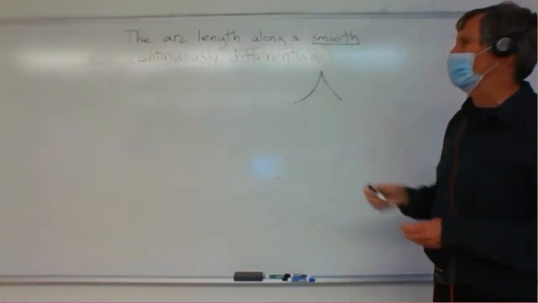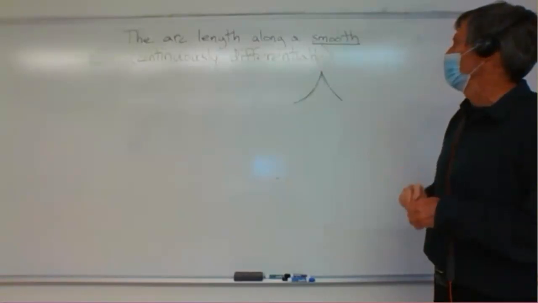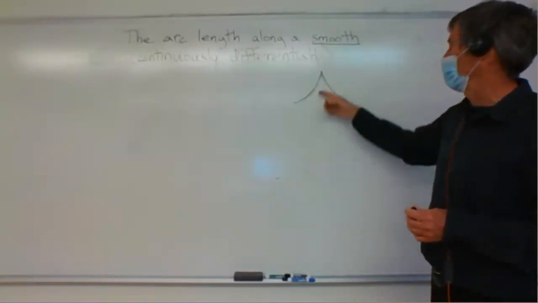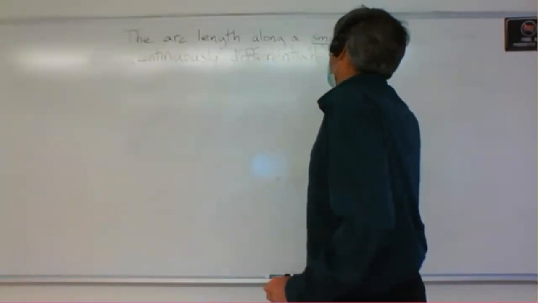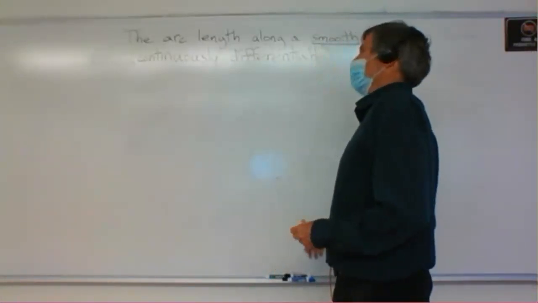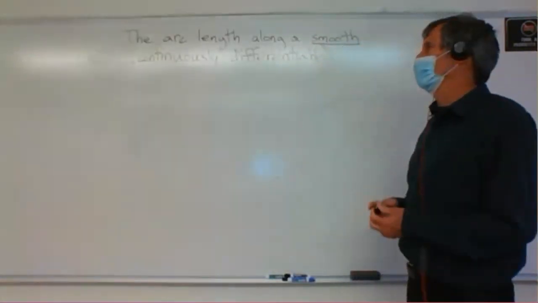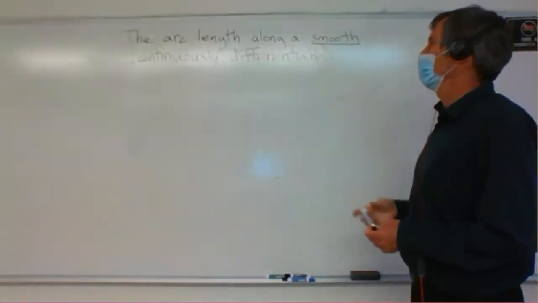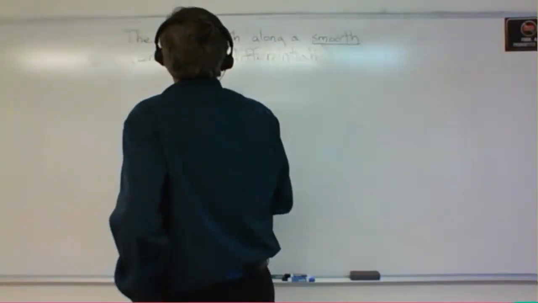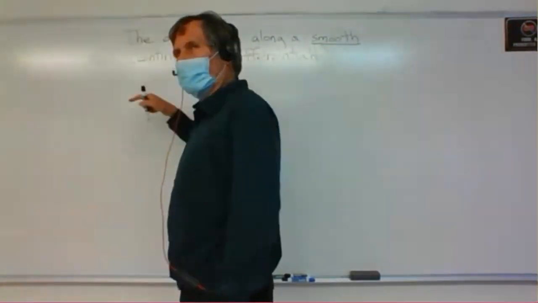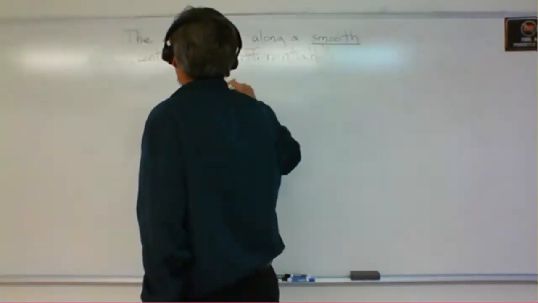It doesn't even exist at the point. So this one is not continuously differentiable if it has a corner in it. And we're going to avoid those. So it meets our intuitive concept of smooth. It doesn't have any corners in it. And that's what most calculus books mean by smooth: one continuous derivative.